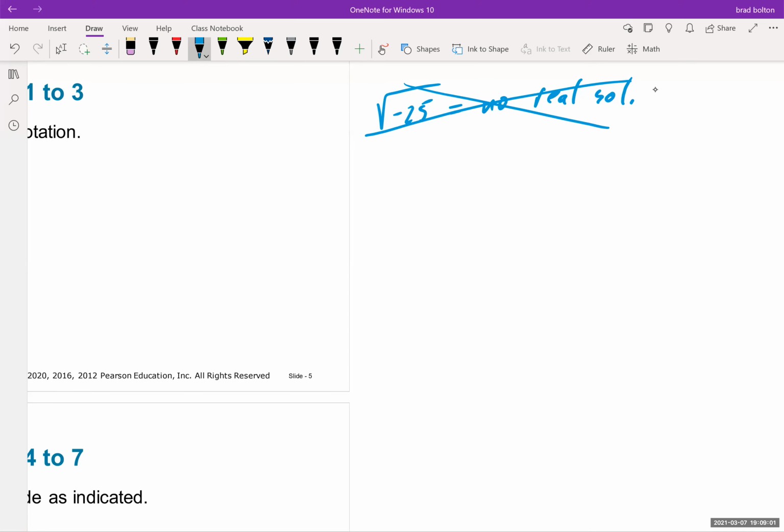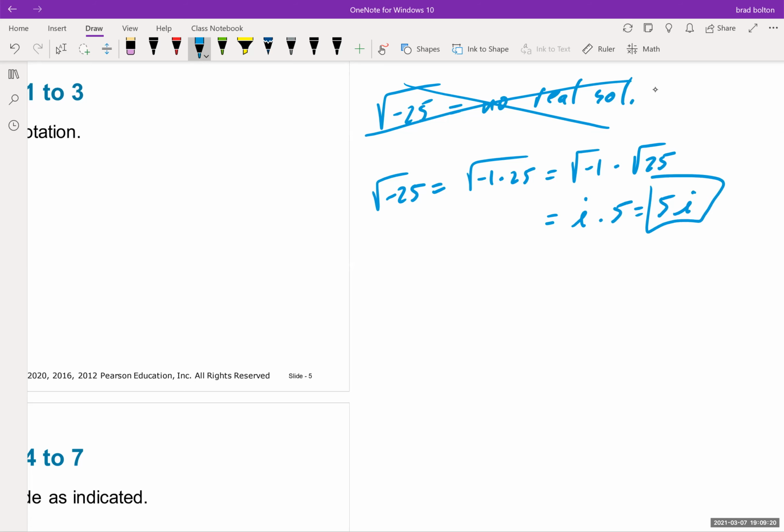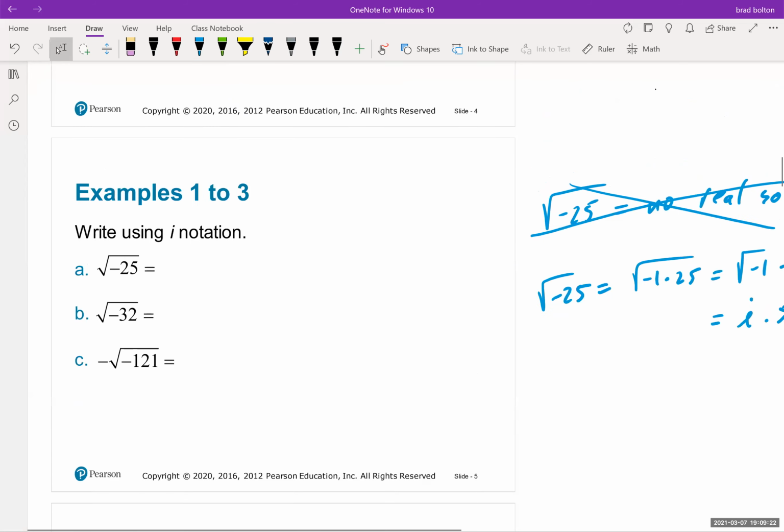We're now going to say, I could rewrite this as -1 times 25. So this is the square root of -1 times the square root of 25, using the product property like we learned in the previous section. This is i and this is 5, so this becomes 5i.